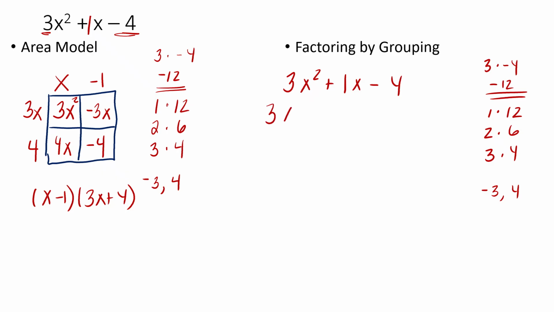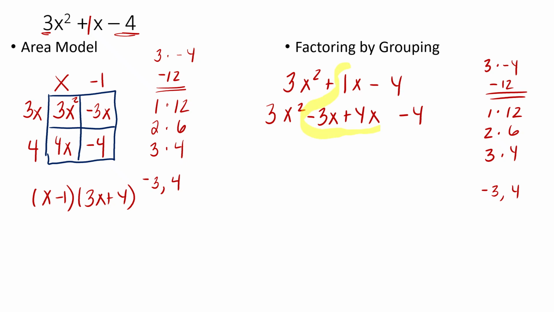Now, what we do when we're factoring by grouping is we do a substitution. So we're going to take out the 1x and we're going to replace that with negative 3x plus 4x, and then we bring down the minus 4. So I'm going to grab the highlighter for a second so you can see what we did.